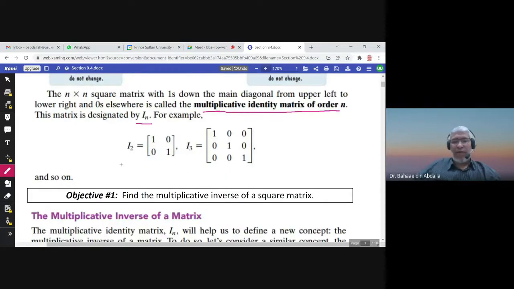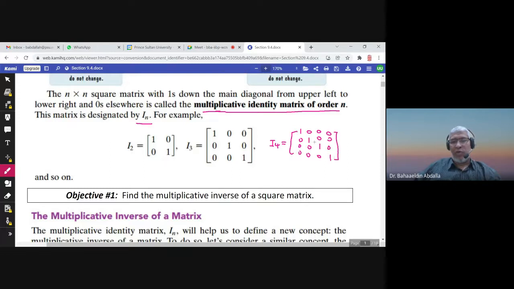So you can have I2, I3, I4, always the main diagonal is 1. If you want to write I4, you will have 1, 0, 0, 0, 0, 1, 0, 0, 0, 0, 1, 0, 0, 0, 0, 1.